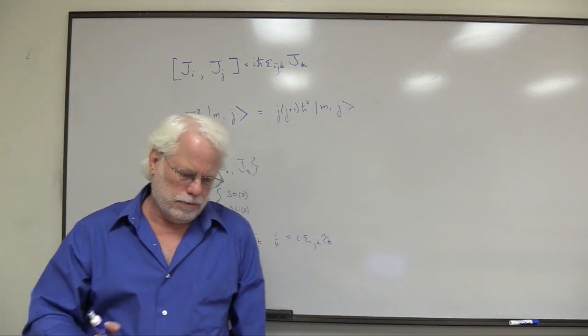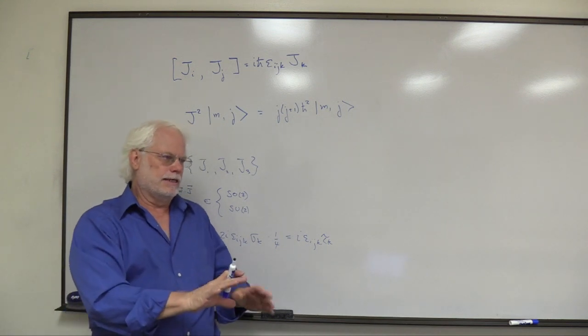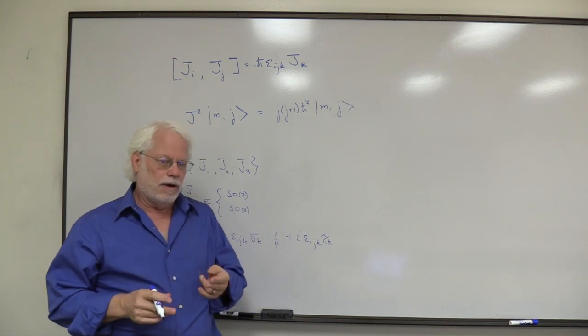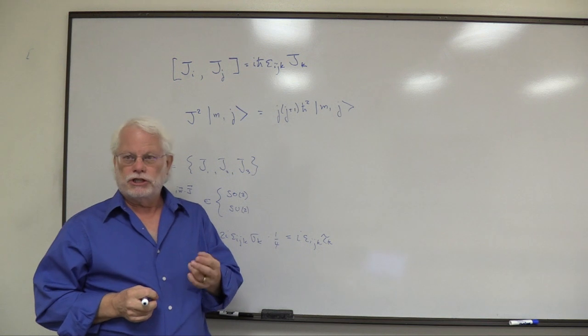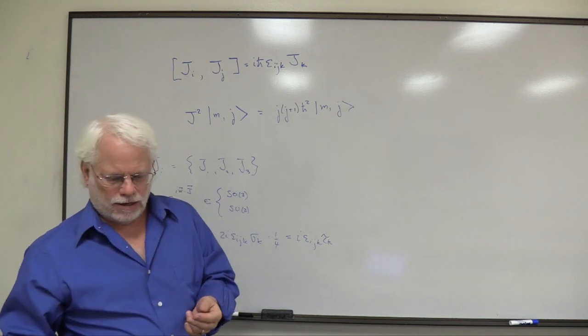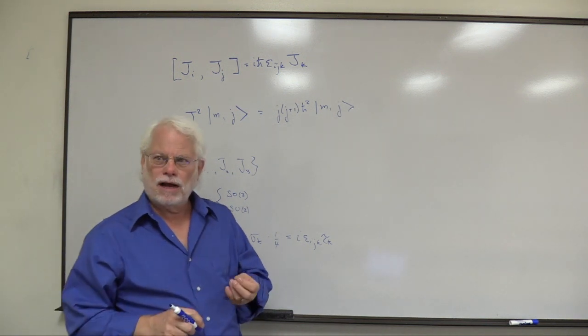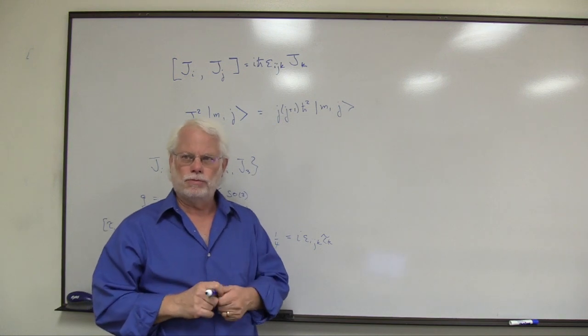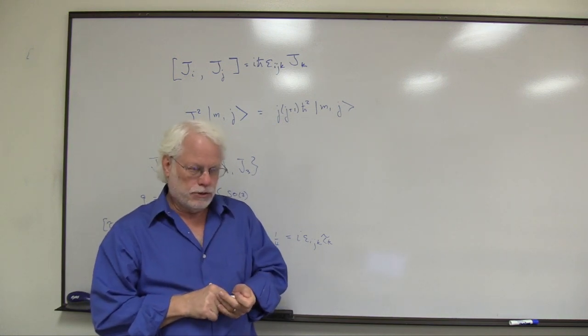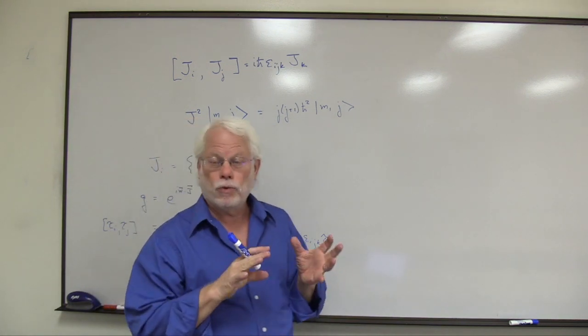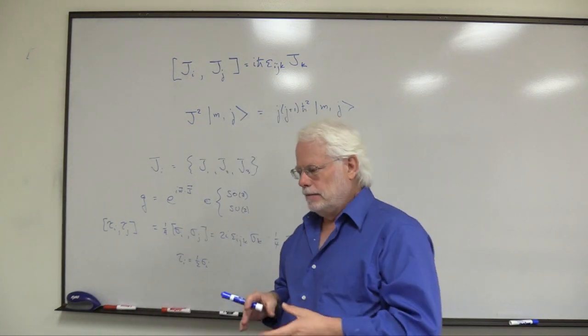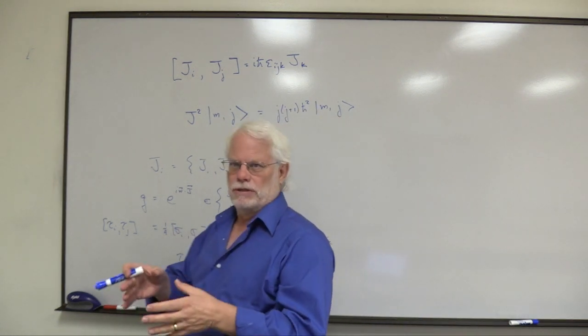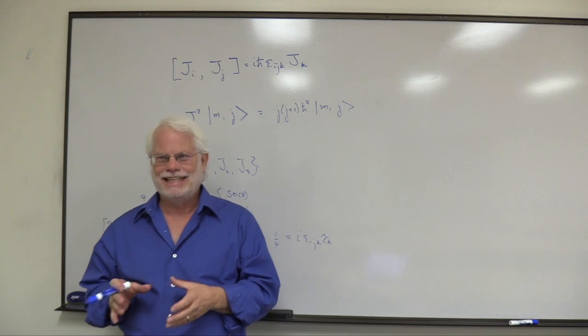So the background of this is that there are two operators, P squared and J squared, that are the Casimir operators of the Poincare group. Those two operators commute with all of the generators of the Poincare group. Because of that, we can use those to invariantly classify states.